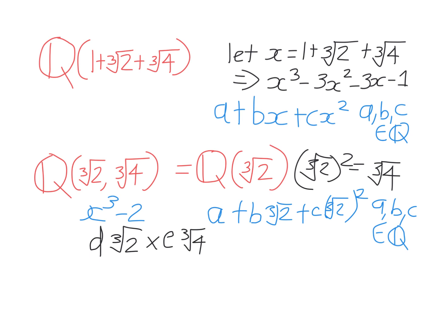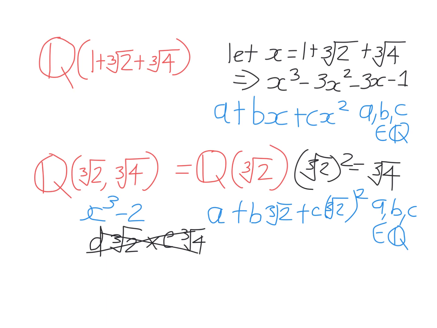So again, d and e are rational numbers, but the point is cube root of 2 times the cube root of 4 is the cube root of 8, which is just 2. Any element of this form will be a rational number, so it's included by a here. So I don't need to write this out as part of the elements of this field extension because it's going to be rational anyway.